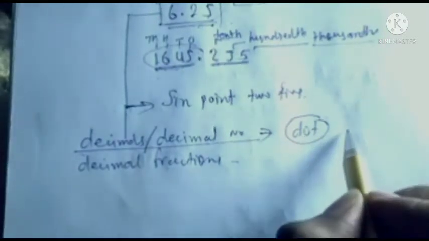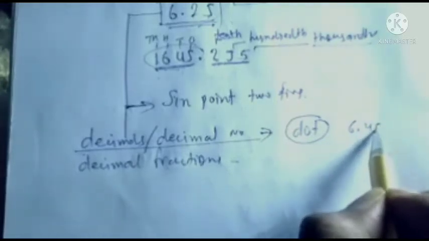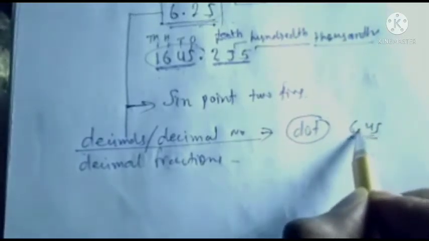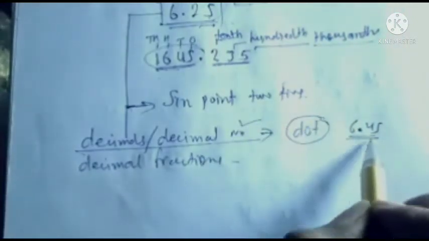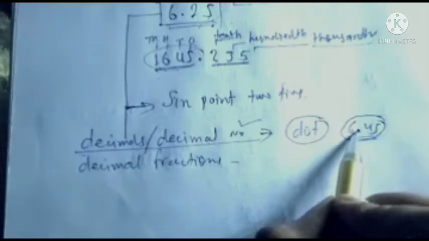The number that is written using a dot or a point, like 6.45, is called a decimal number. So the number which is written using the decimal point or dot is known as a decimal number.